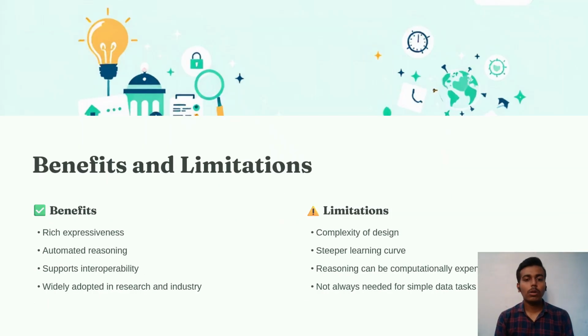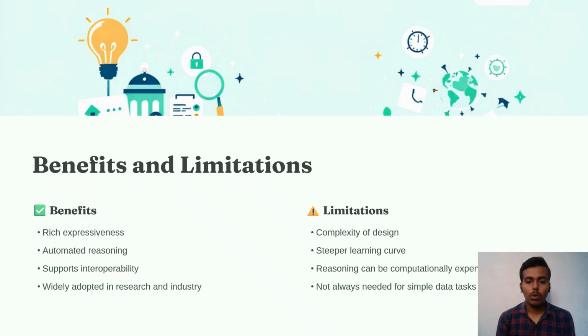So, what are the pros and cons of OWL? Benefits. It is very expressive, letting us capture complex relationships. It supports automated reasoning. Systems can discover new knowledge. It enables interoperability. Different systems can share meaning. It's widely adopted in research and industry.